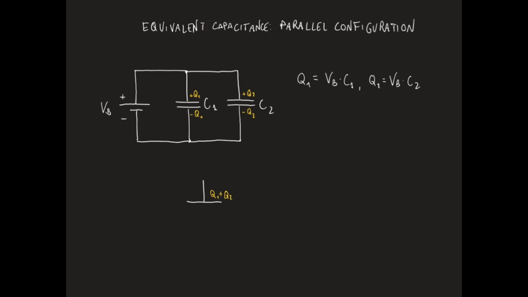Also, the bottom plates of the two capacitors are connected together with an ideal conductor, so they behave like a single plate with a charge overall given by minus Q1 minus Q2.